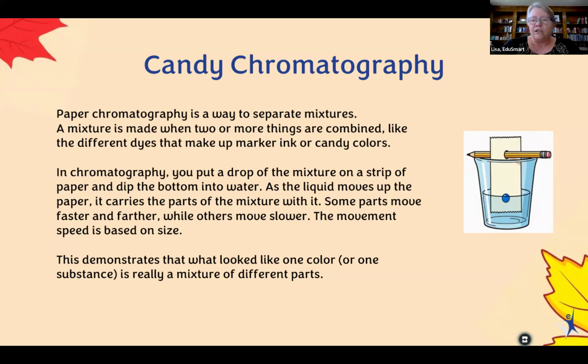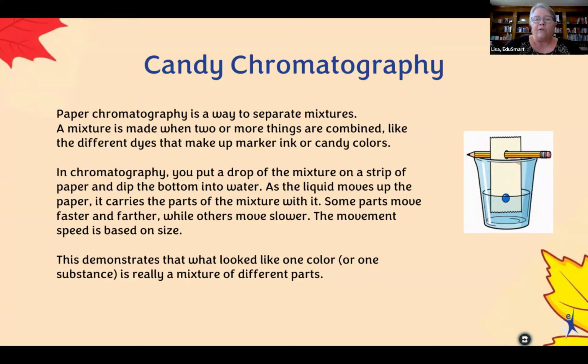The color dye that M&M candy is made from has more than one color most of the time. It depends on the color. If you put some of that dye substance on a filter paper and put it in water, so that you don't put it underwater, the water will move up the paper and separate those colors.